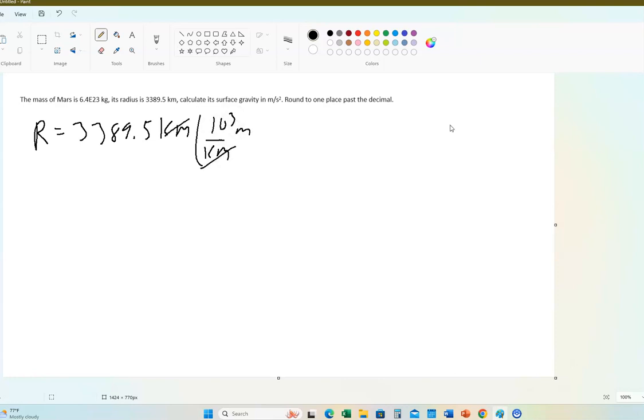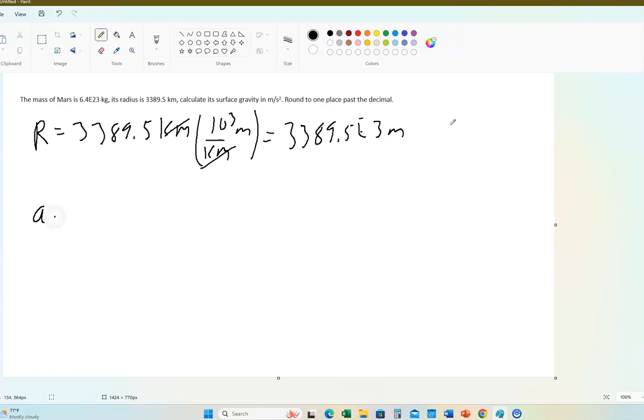So the kilometers cancel, and so that becomes 3389.5 times 10 to the third meters. Because you need it to be in meters to do the escape velocity equation as well.